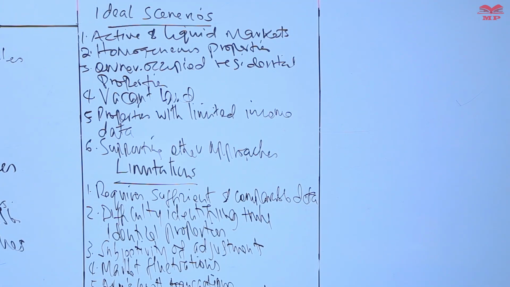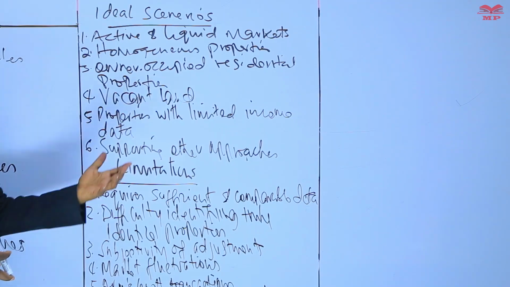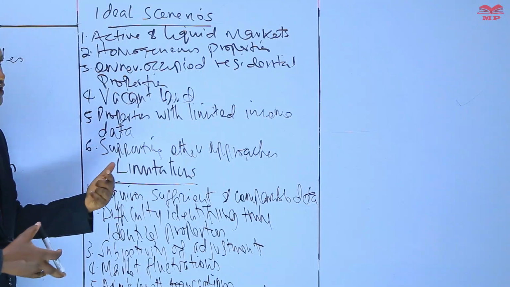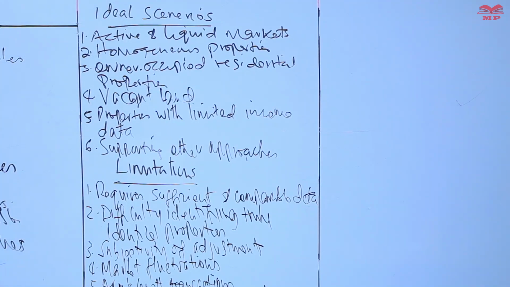The reliability of the final value decreases. So each adjustment introduces a potential for error. So if you have 7 adjustments, then you may have 7 potential points of error, and that is a limitation.